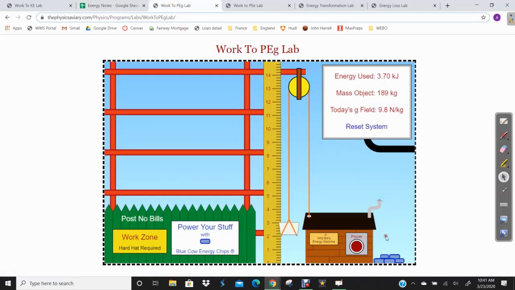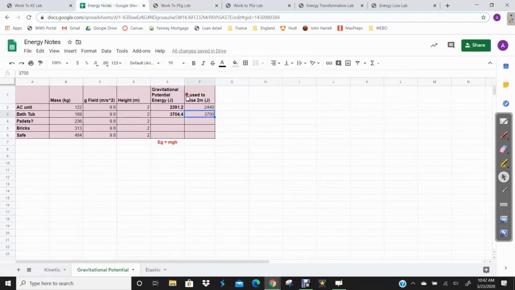Now let's reset this and change this to, I don't even know what these are. I think they're maybe like pallets. So we'll raise these up. We'll stop it right there. Again, we increase the mass, so it's 236 kilograms now, and it took 4,540 joules to raise the object.